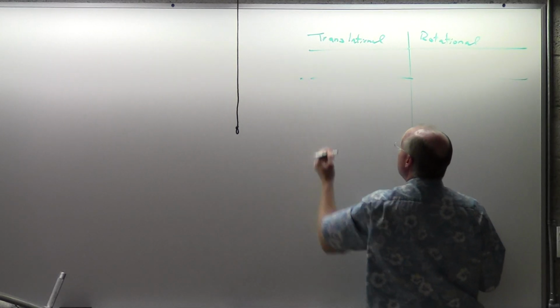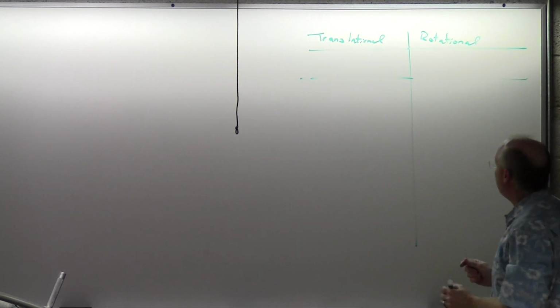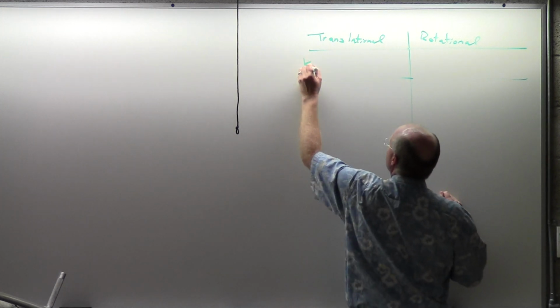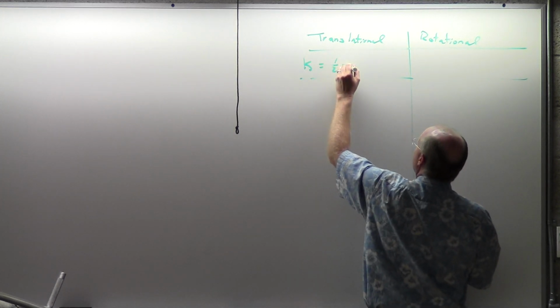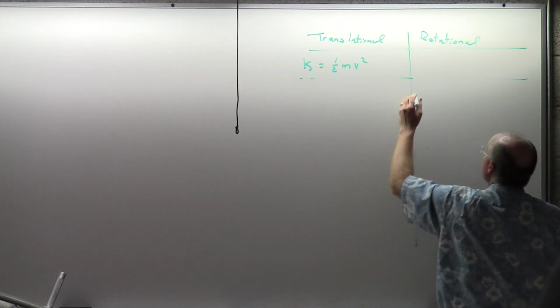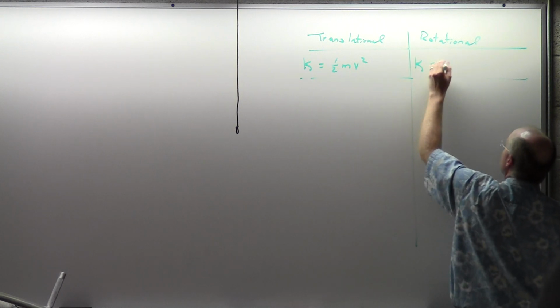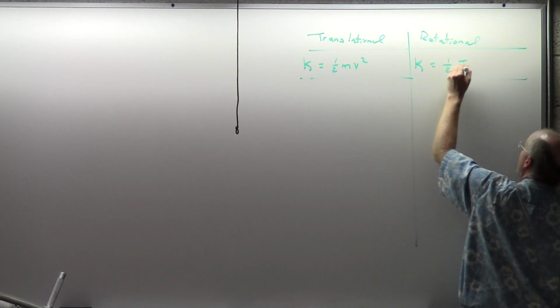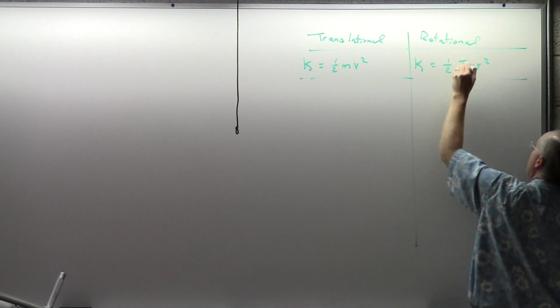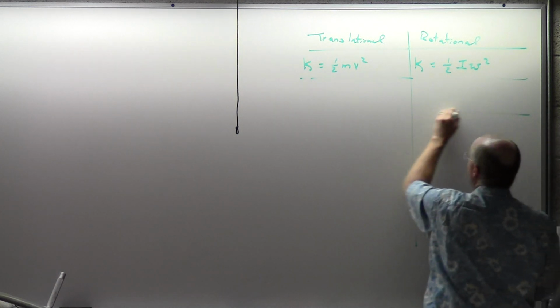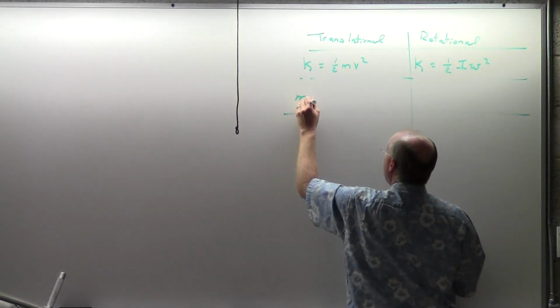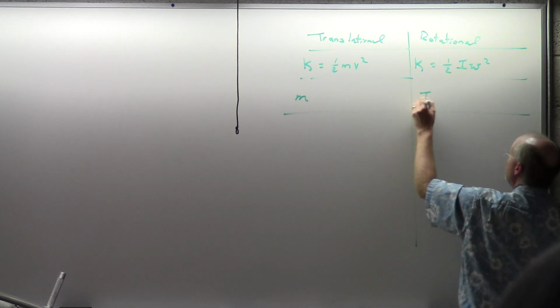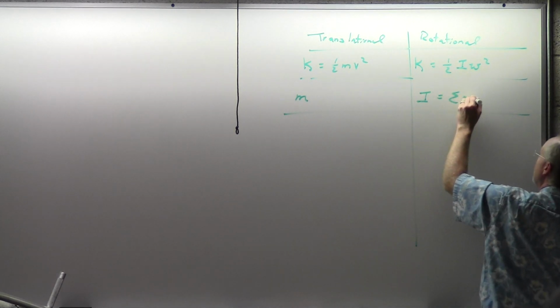We had kinetic energy, which we said was 1/2 mv squared, which then led to a rotational kinetic energy, which we now write as 1/2 I omega squared, where this I is the moment of inertia.